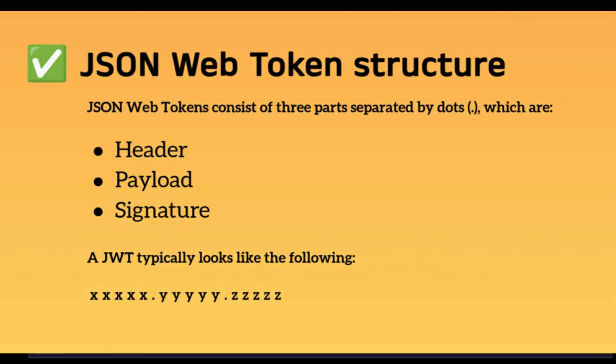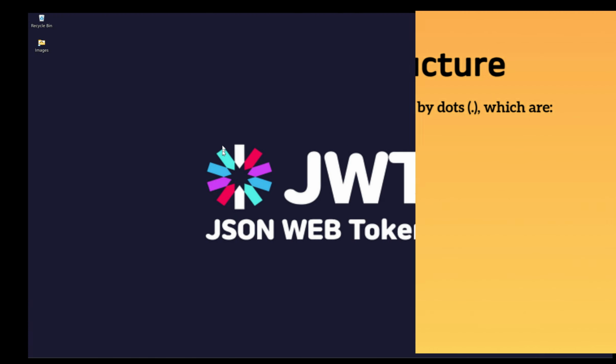We can combine all of them to create a JWT token. For the header and payload we use base64 URL, and using the HMAC SHA-256 algorithm, we can create a complete JWT token which we'll use to secure our APIs.